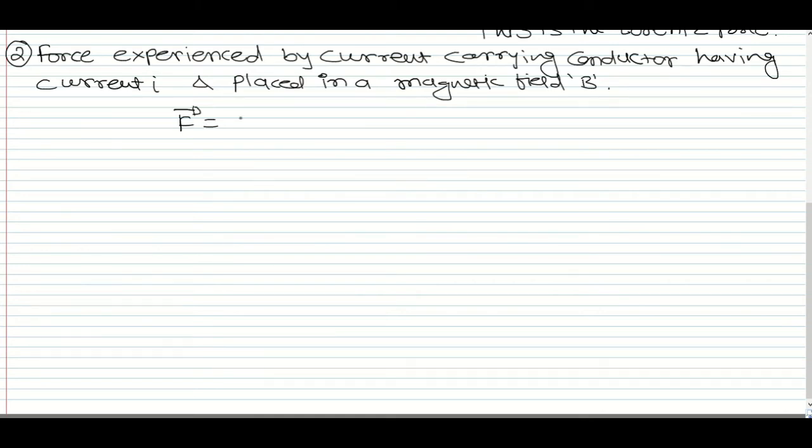F bar is equal to I L bar cross B bar. Do remember this, I L bar cross B bar.